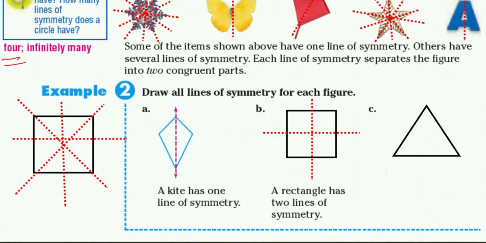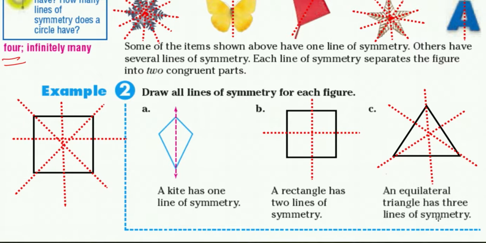And in an equilateral triangle, you have 1, 2, 3 lines of symmetry right there. So an equilateral triangle has 3 lines of symmetry.